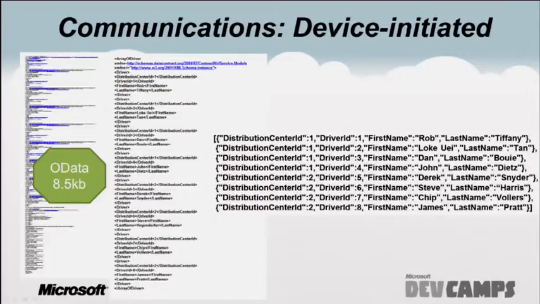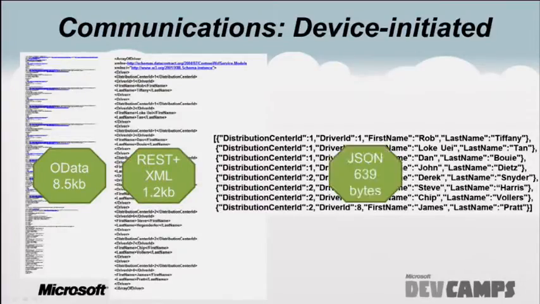So let's have a look at it. 8.5 KB, 1.2 KB, and 639 bytes. So does anyone know what gain that is? Take a guess, a stab. Call out, is it 10-fold, 4-fold? It's 13-fold. So this is 13 times more efficient as far as pure data is concerned.